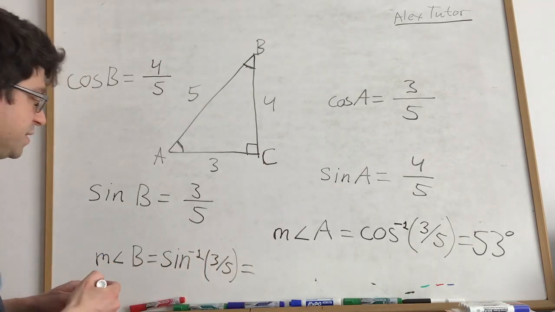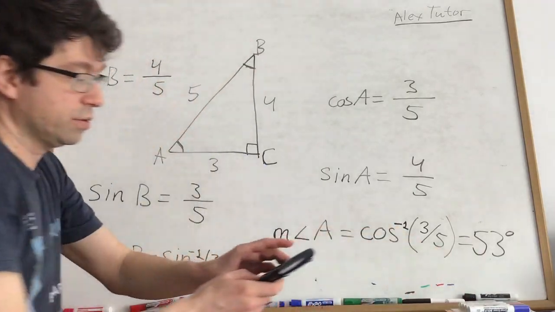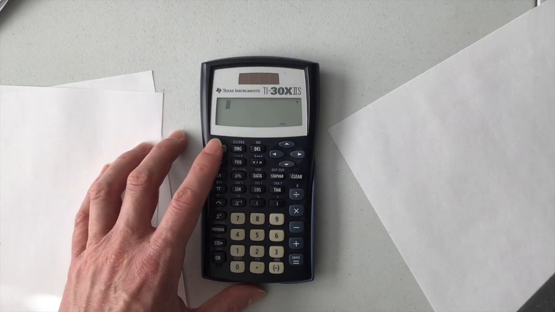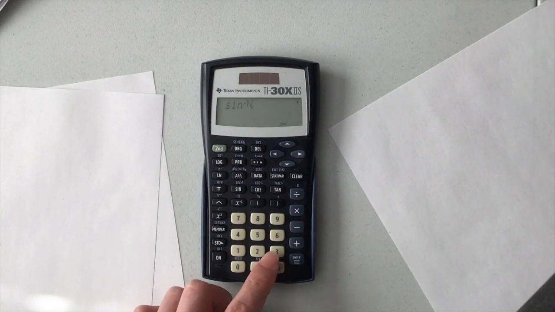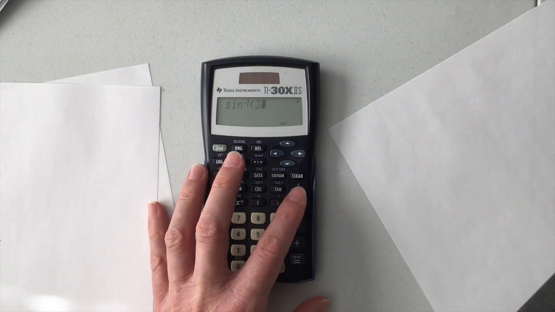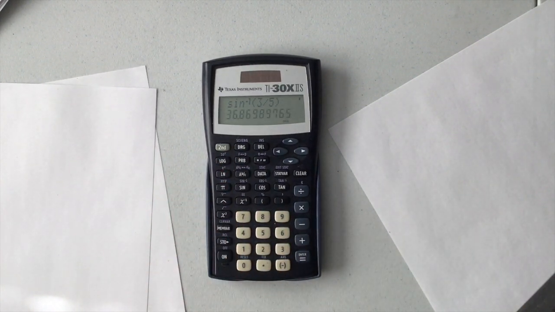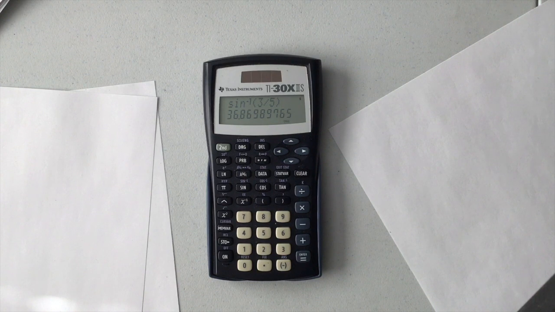And it will give me the measurement of angle B. Let me show it to you. I will enter second, inverse of sine, 3 over 5, equals, okay, 36.8. So it is approximately 37 degrees.